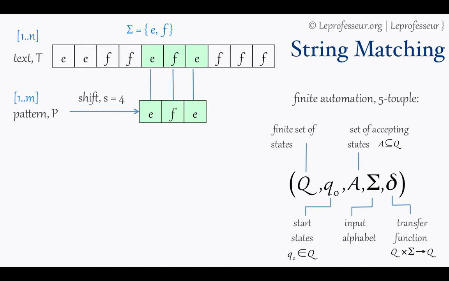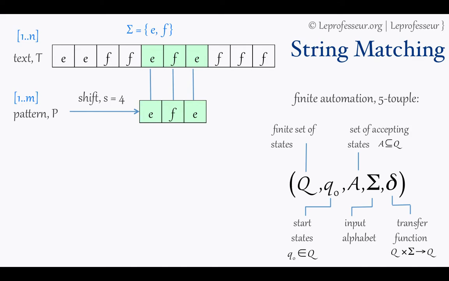Those who have not taken an automata theory course or computational complexity theory course, it might look like an alien to you, but nevertheless it's a very simple thing: it's a state machine.